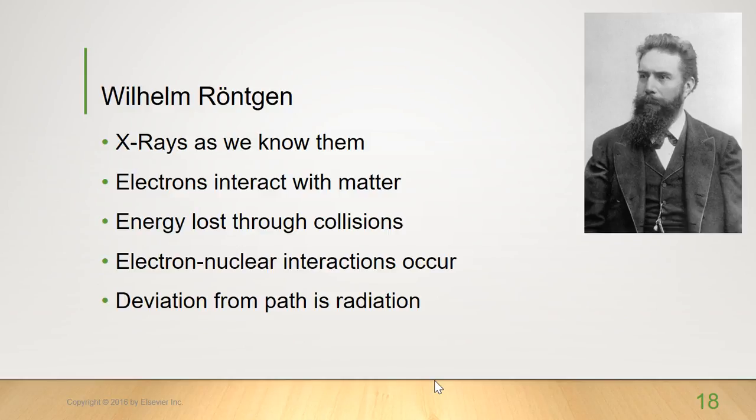Then you have that electron-nuclear interaction, which abruptly changes the electron direction, and that happens most of the time. Classically speaking, the strong acceleration of that electron as it is deviated from its straight line path is what gives rise to radiation. Some of the electron's energy is lost, and that's because it is electromagnetic radiation.